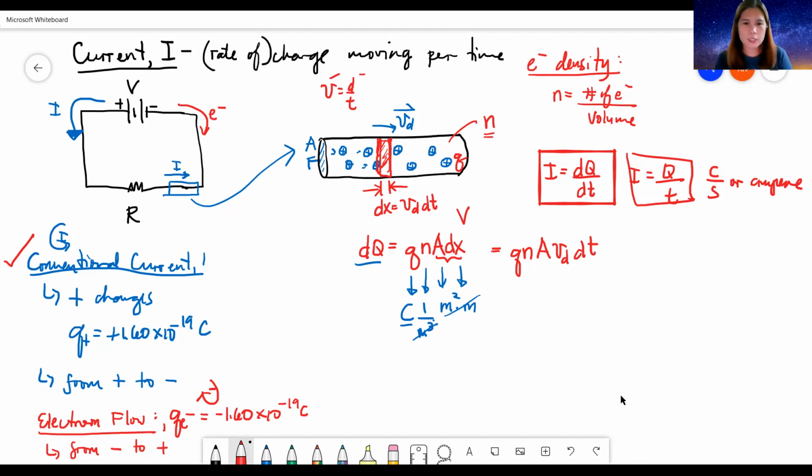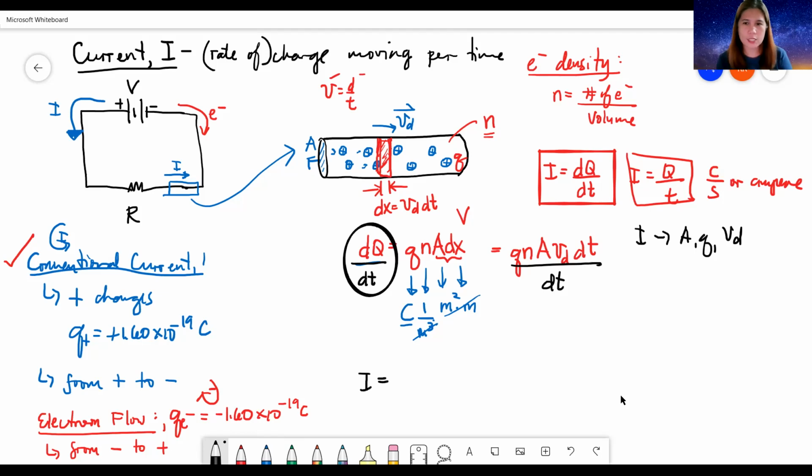Okay, so if we divide both sides by time, because we want to determine I in terms of area, Q, and drift velocity. That's our target. So divide both sides by dt. This dq over dt now becomes the current.